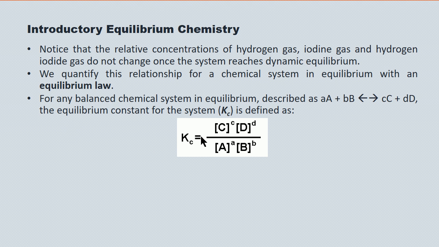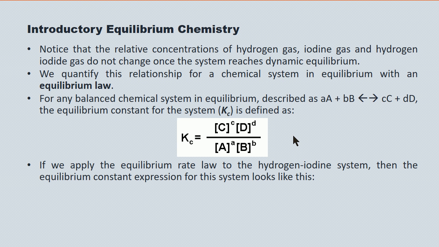Kc mathematically equals the molar concentration of C raised to its coefficient times the molar concentration of D raised to its coefficient divided by the product of the molar concentration of A raised to its coefficient times the molar concentration of B raised to its coefficient. So what we're looking at here is concentrations of products in the forward direction divided by concentration of reactants in the forward direction.